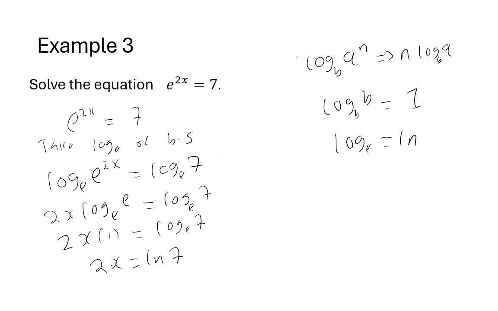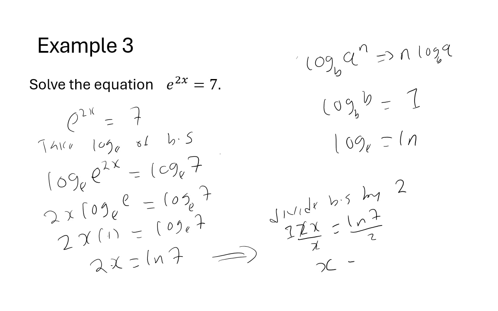And since we want to find x, we can divide both sides by 2. So we'll have 2x divided by 2 is equal to ln 7 over 2. So 2 goes into 2 once, so we'll have 1x, which is just x, is equal to ln 7 over 2.